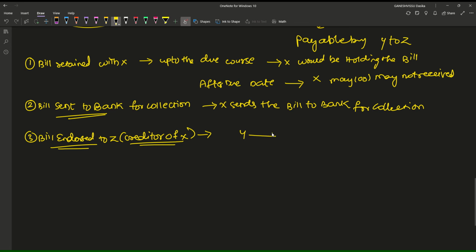Y is payable to X, X is payable to Z, then Y is payable to Z. This is the endorsed situation.